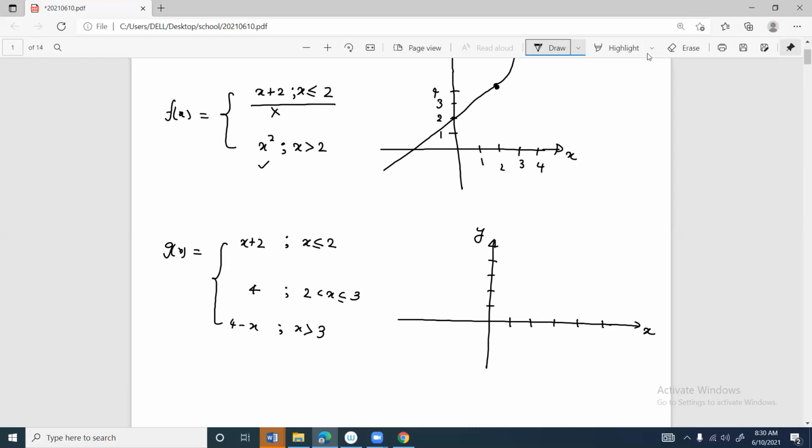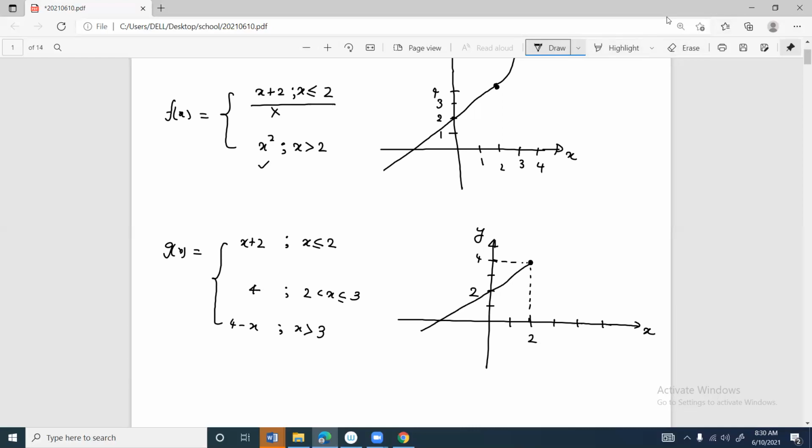For the first case, x equals 2 will turn up to 4. Then this is the first range. So here this value is included, therefore you have to put a dot over here. Right. Then the next part, I'll link it this way.